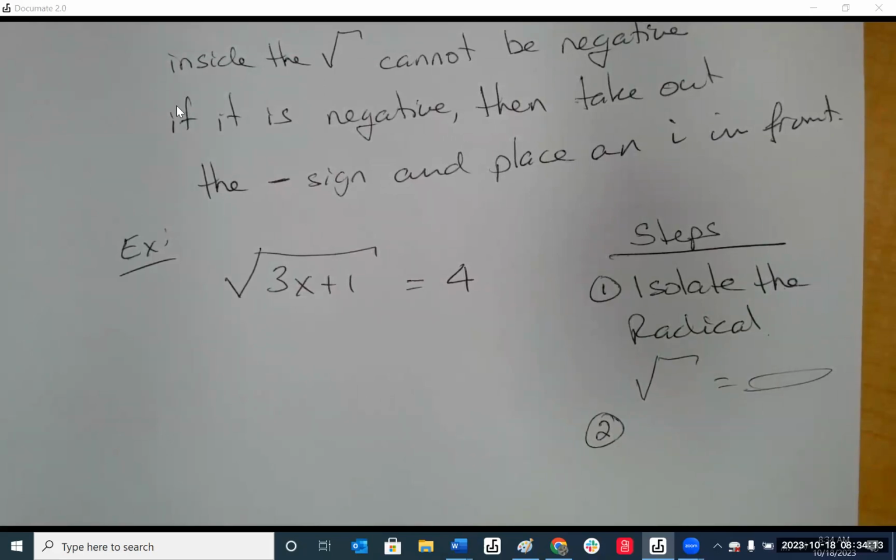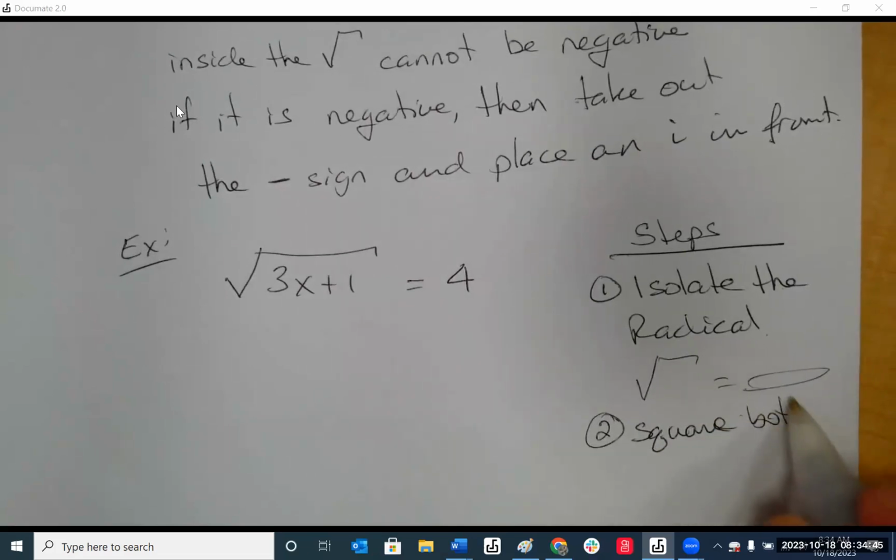Remember, we're solving for x. How do you get rid of the square root to get to the x? What's the opposite of square root? Square. Square both sides.